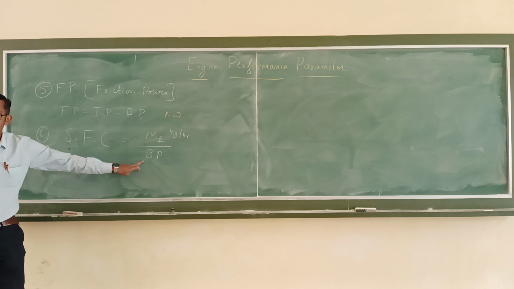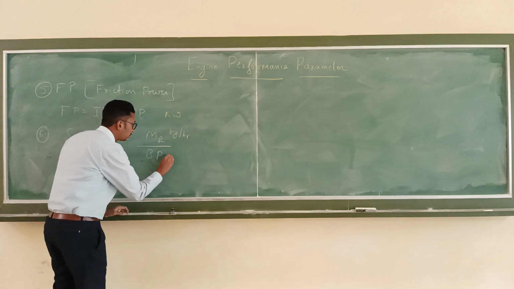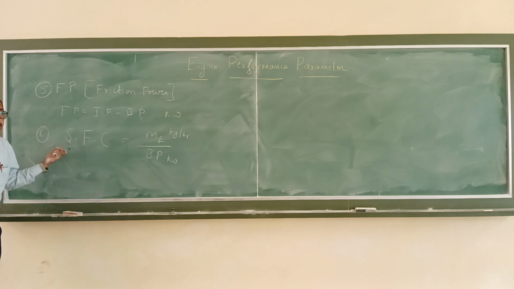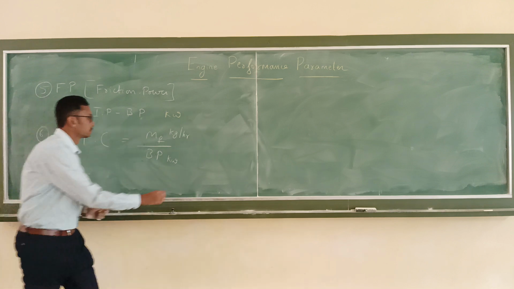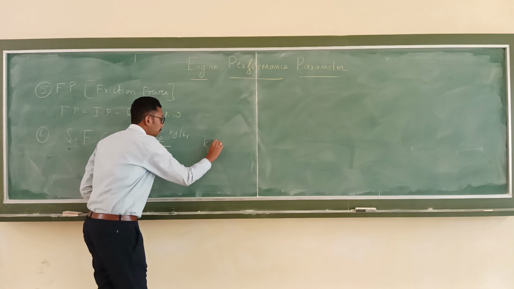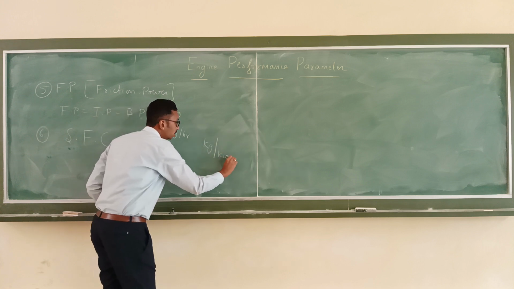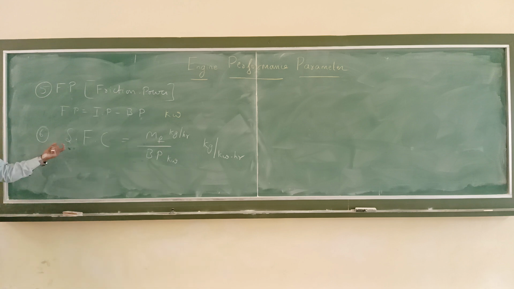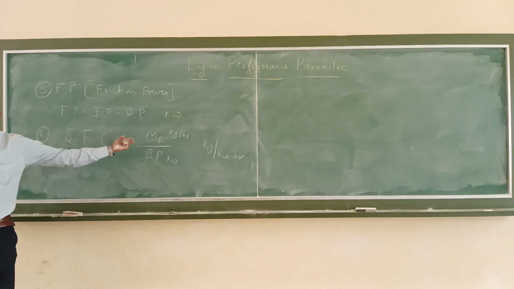So what is BP? Brake power, that will be kilowatt. So what is the unit of specific fuel consumption? Kg by kilowatt hour. That is the unit of specific fuel consumption.